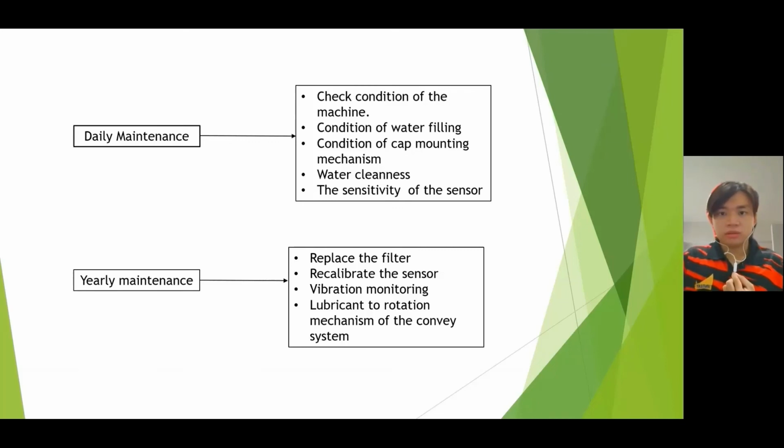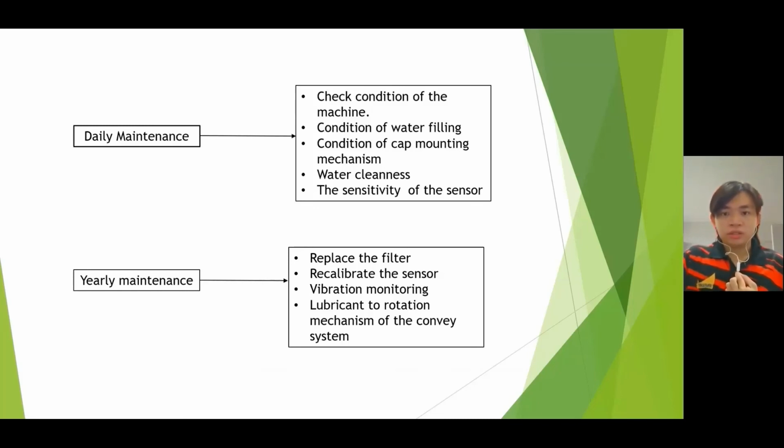The condition of the water filling and cap mounting mechanism are checked daily in order to make sure that our system can perform well. The water cleanness in the main water tank is checked daily in order to make sure that there are no contaminants inside the water.